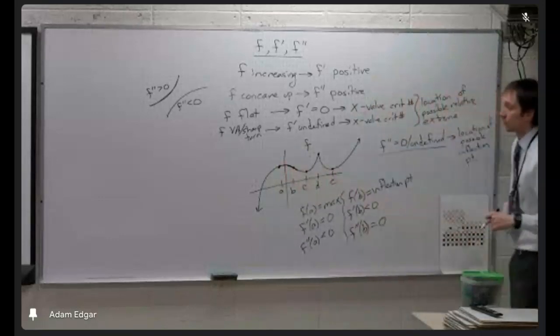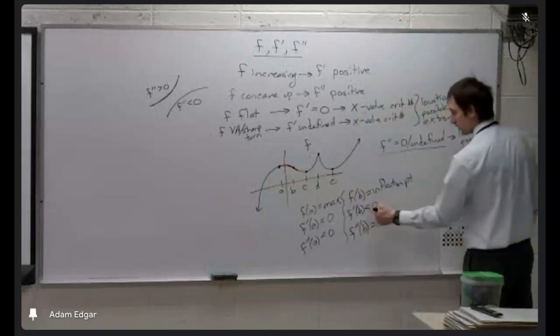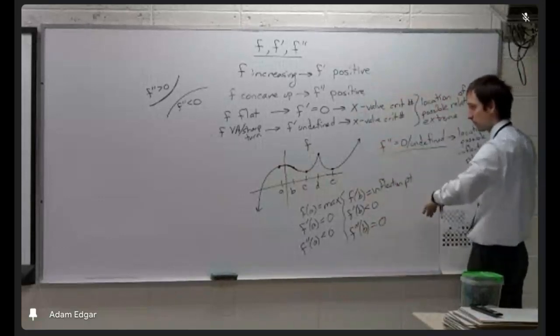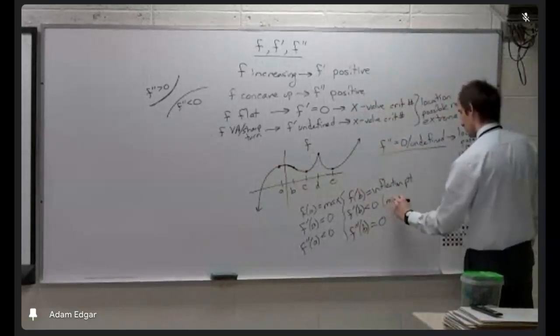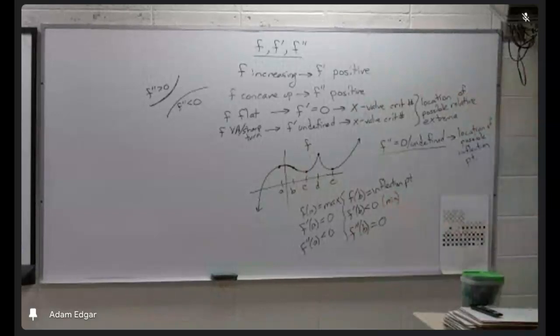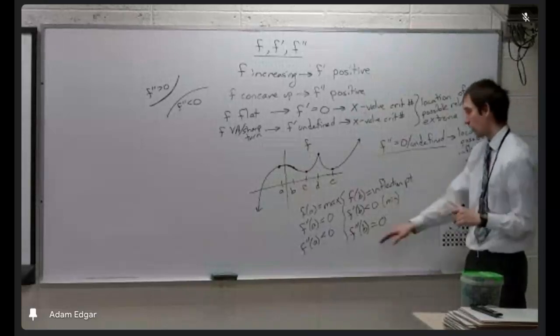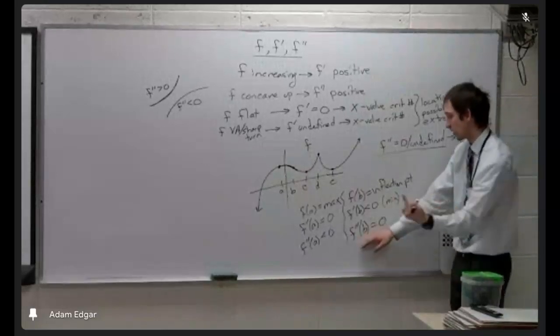So the second derivative is going to go from decreasing to increasing, probably a minimum. So f double prime is going to be negative and then positive.